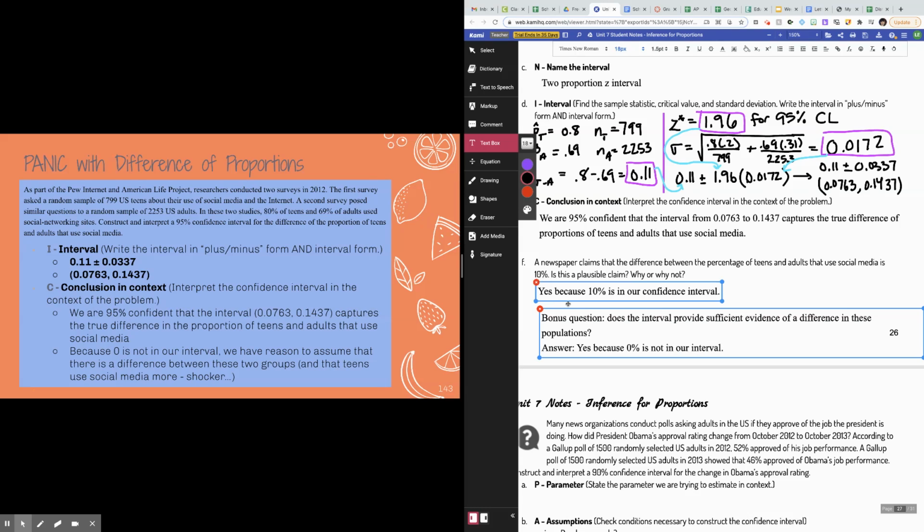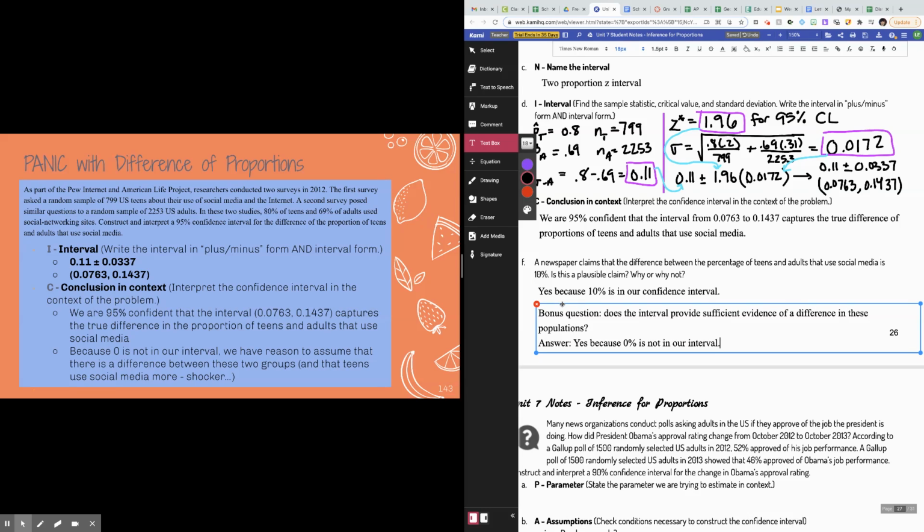Okay, so if 0% is in your interval, then that means that the value of having no difference is a possibility for the truth, right? So we wouldn't be able to say one way or the other if there actually was a difference between these two populations, okay? And obviously, because all of the values in our interval are positive, right, then that means we have reason to believe that teens use social media more than adults, right?